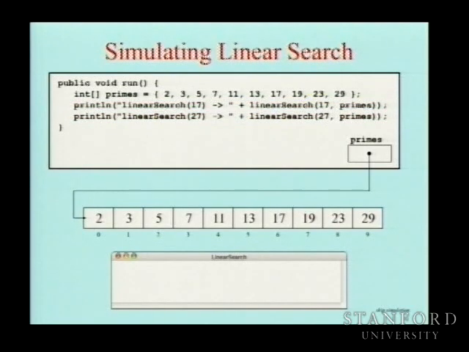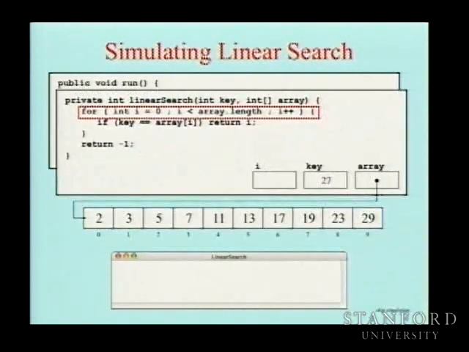All right. Okay. So we called linear search, and here's our new stack frame, which has the local variable i and the parameters key and array in it. This is Eric Roberts, who wrote the textbook's way of displaying the execution model of Java.